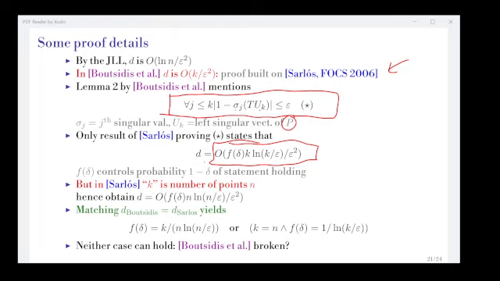But unfortunately, in Sarlos' paper, the symbol k actually points to the number of points n. So in fact, this is really what Sarlos is proving in our terminology and also in Boutsidis' terminology. So if we really want to say that Boutsidis did not overlook this detail, but simply made an inference, then you have to equate the D in Boutsidis' paper to D in Sarlos' paper. And then you obtain either of these two possibilities, this or that. But neither case, if you think about it, neither case can hold. So perhaps Boutsidis' proof is broken.